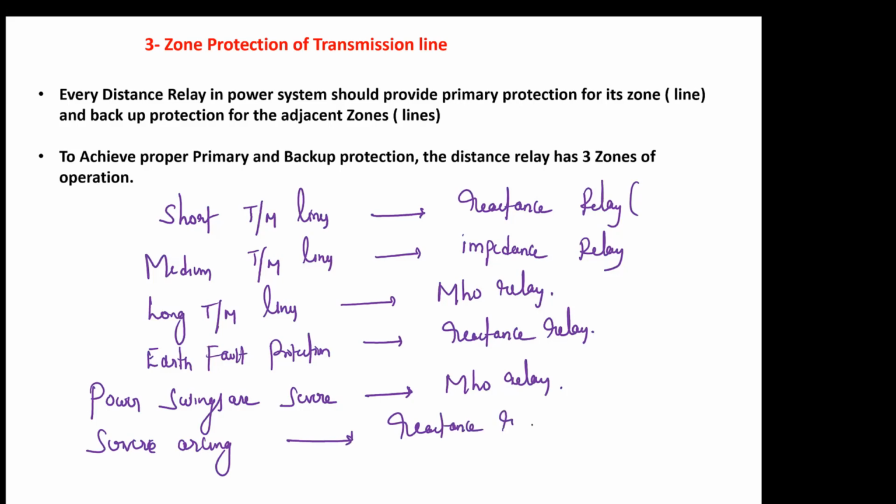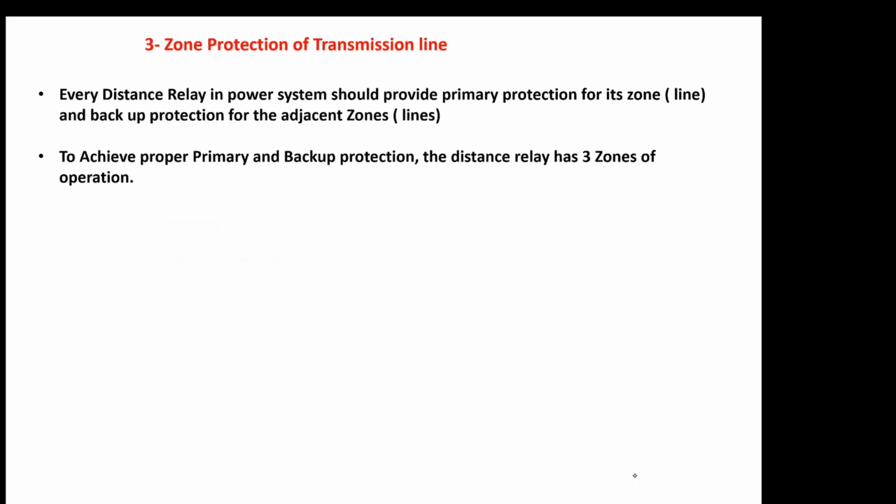Okay. So like this, depending upon the question, you can select the type of relay. This is the concluding remarks. Understand? So the last topic in this is of the transmission.